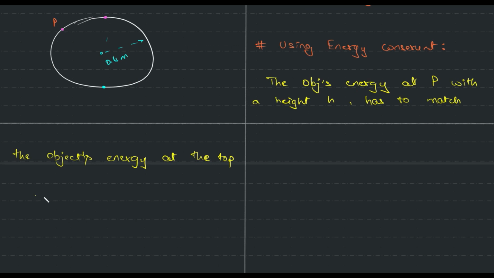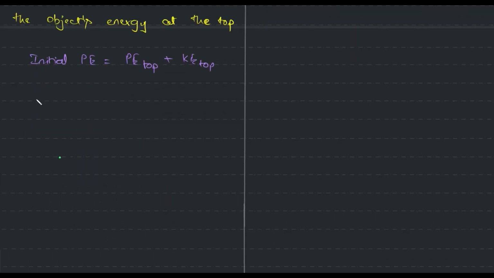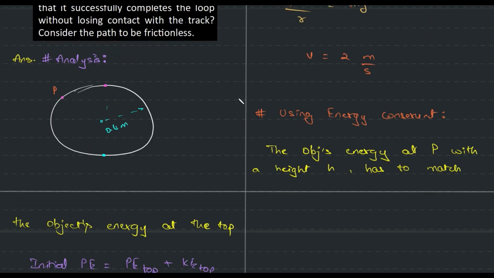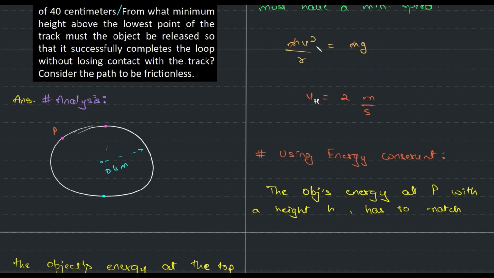Okay, so basically your initial, it doesn't have any kinetic energy, we just have potential energy. So if this is a bit confusing, you will understand this in the next chapter better. But yeah, this is something that you should have learned by now. So mgh should be equal to mg, potential energy at the top is 2r, the radius, and half m, the velocity at the top, or vh, whatever I have taken it as.